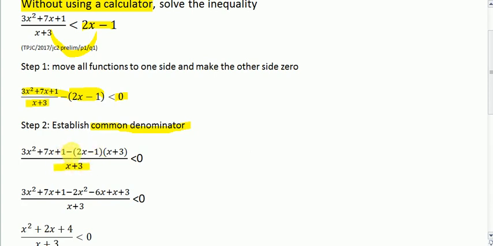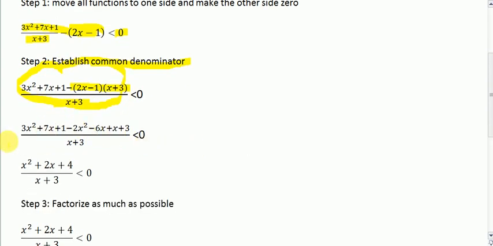To do that, we will multiply x plus 3 to 2x minus 1, to give the whole of this function. So we will expand and simplify until you get this function, which is (x squared plus 2x plus 4) over (x plus 3).